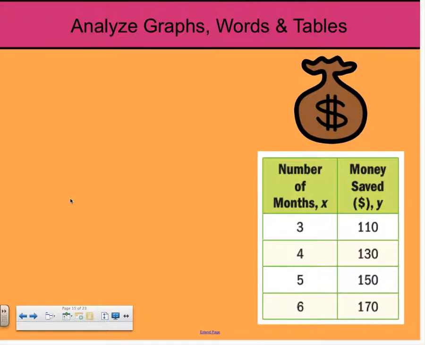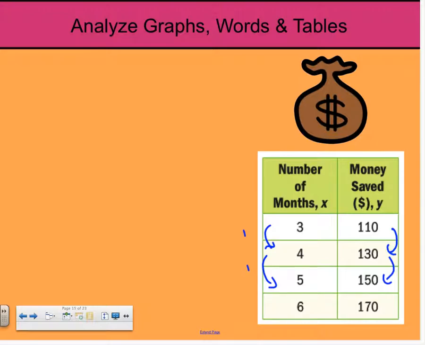All right, so in this problem, we have Ava, who is saving money, and we want to find and interpret the slope and the y-intercept, or find and interpret the rate of change and the initial value. So how do we find a rate of change from a table? Well, we're going to find the change in y over the change in x.